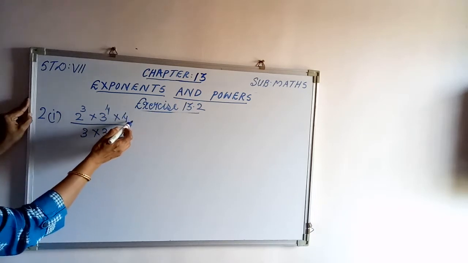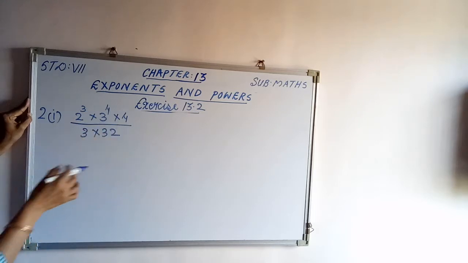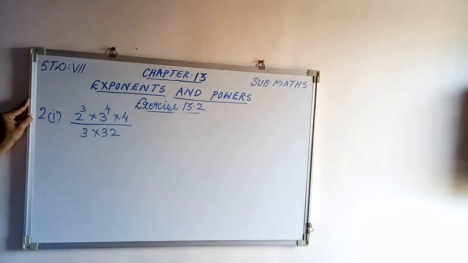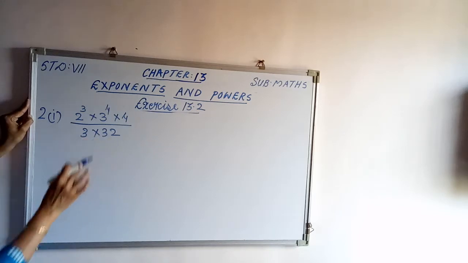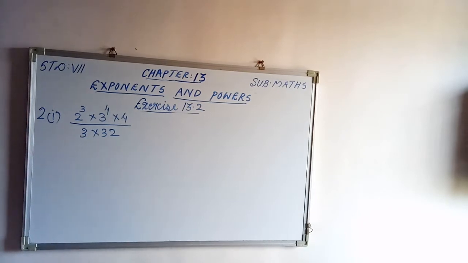The numbers which are not given in exponential form, first write them in exponential form so that we can factorize. So 4 can be written as 2 multiplied by 2, that means 2 raised to the power 2. But 32 also can be factorized and written in exponential form. Then you can simplify.